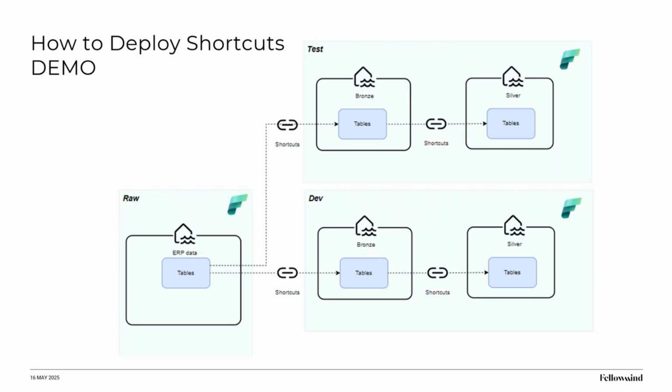In this case, we have a dev and test that are being deployed, and the raw is as it is, it doesn't change. So shortcuts within the environment work as they're supposed to. The silver shortcuts will point to those in the test, but if you have outside-of-workspace shortcuts, these can only point to the same one out of the box.